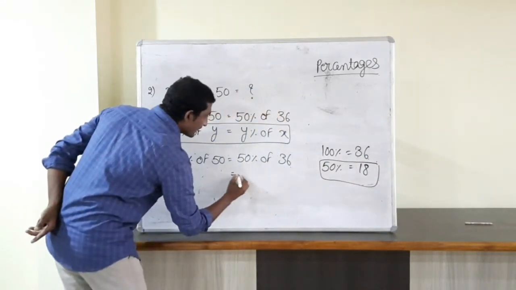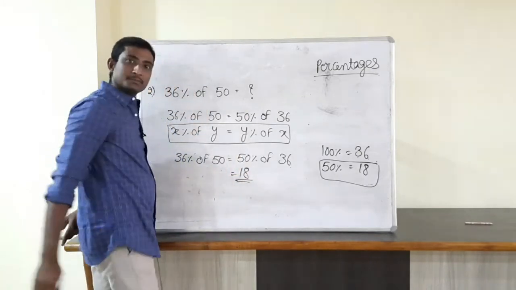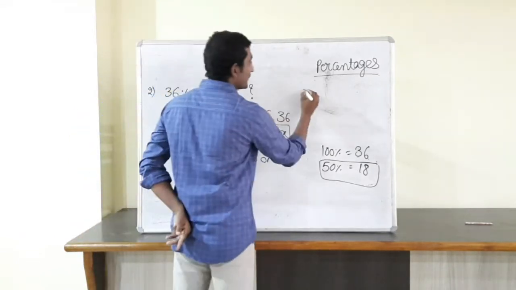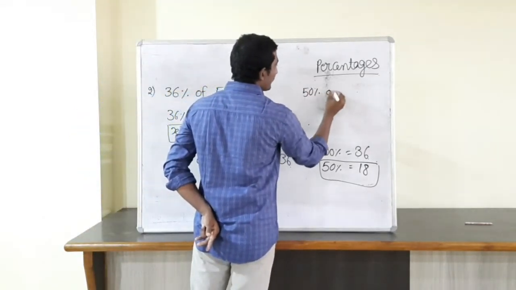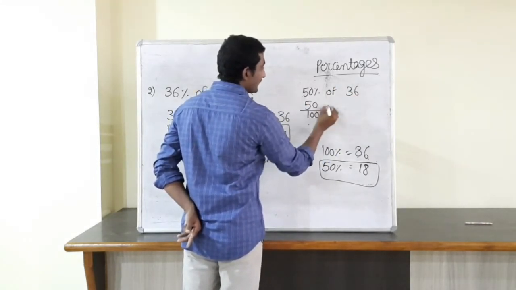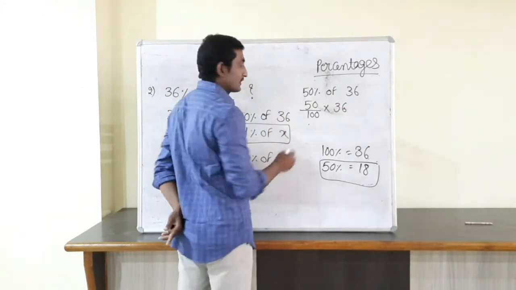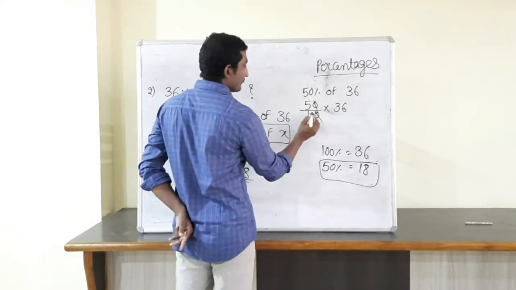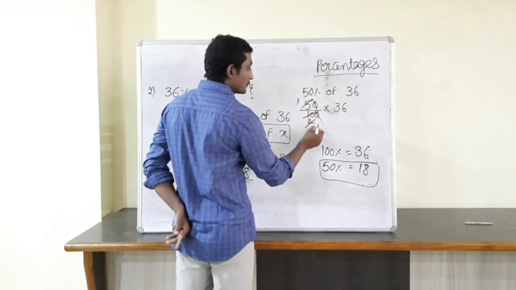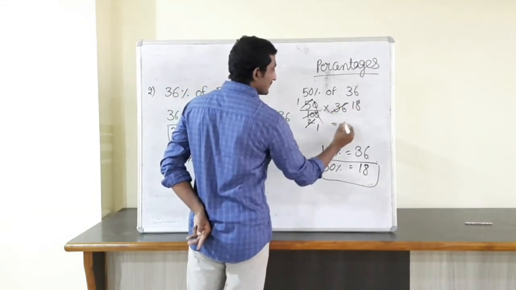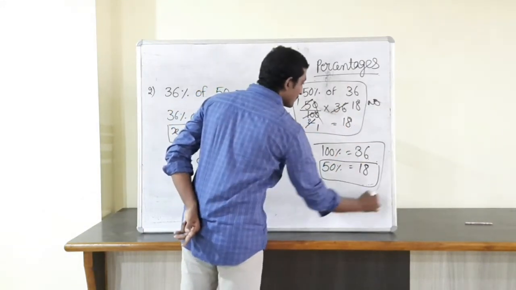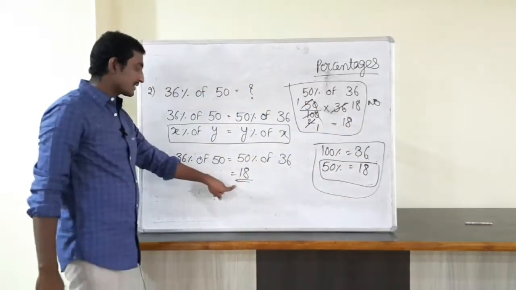So what is the answer? 18 is the answer. If you don't know the shortcut: 50 percentage means divided by 100 into 36, 0 0 cancel, 2 5s are 10, 1 5s are 5, 18 2s are 36. So this is the normal method, this is the shortcut method. The answer is 18.